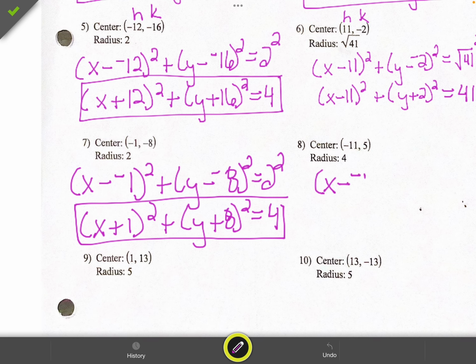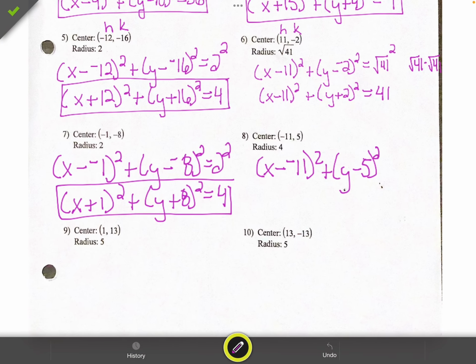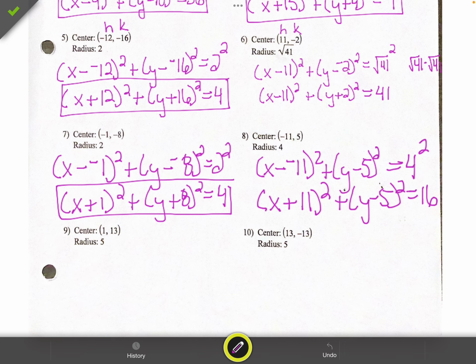X minus my h, which is negative 11, plus y minus 5, equals my radius squared. Final answer: x plus 11 squared plus y minus 5 squared equals 16.